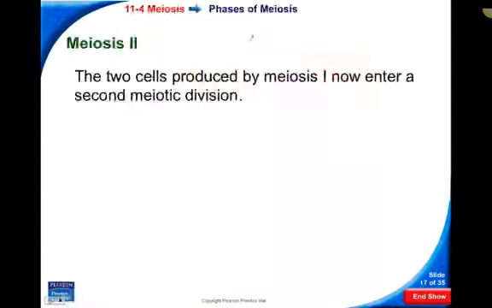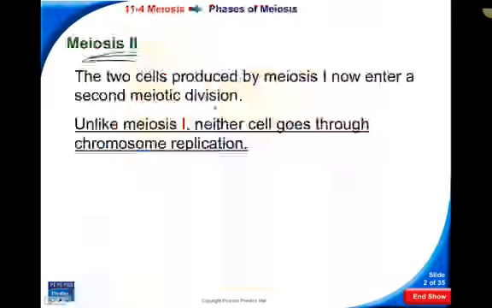Okay, so now the 2 cells that were just produced enter something called meiosis 2. Unlike meiosis 1, neither cell goes through chromosome replication, so they're just going to stick with what they have. They're not going to replicate those chromosomes.